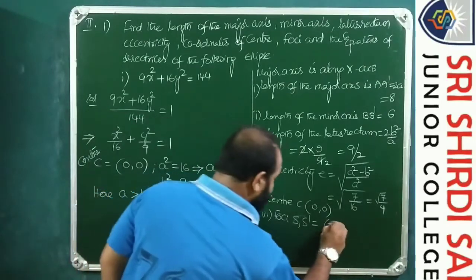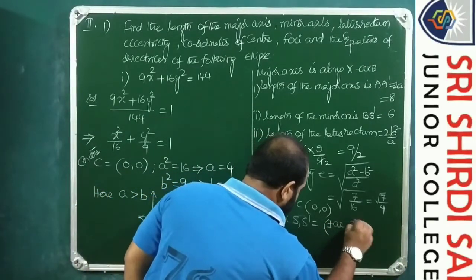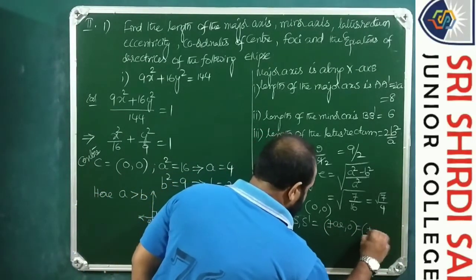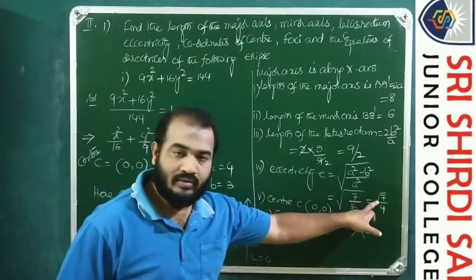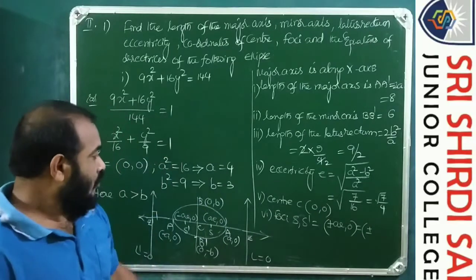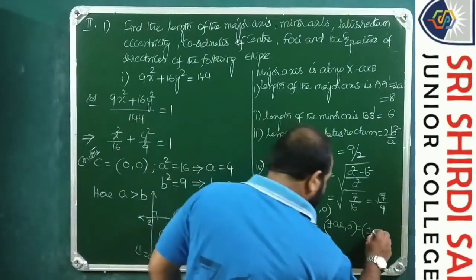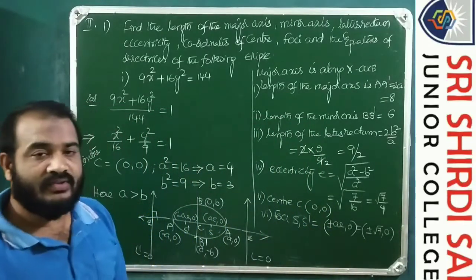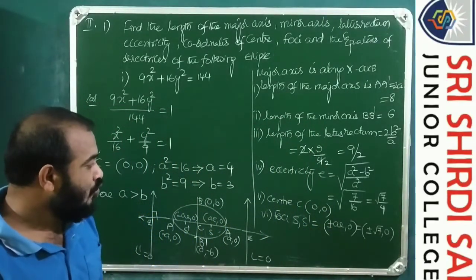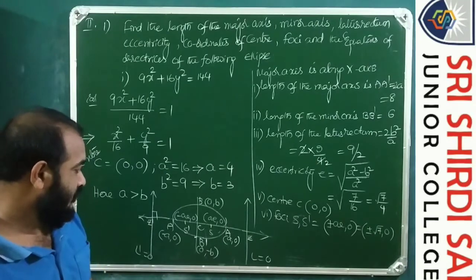So plus or minus ae comma 0. So a is 4, e is root 7 by 4. So 4 gets cancelled. So plus root 7 comma 0 and minus root 7 comma 0.